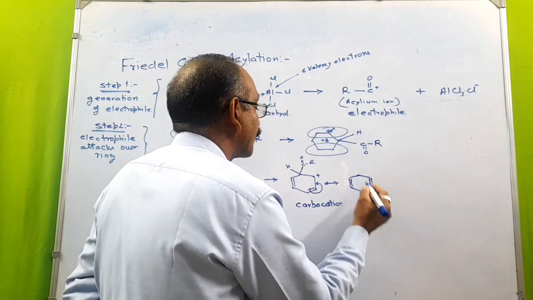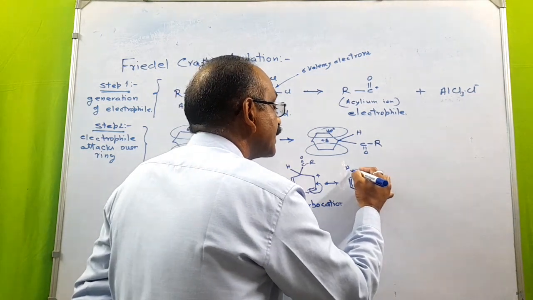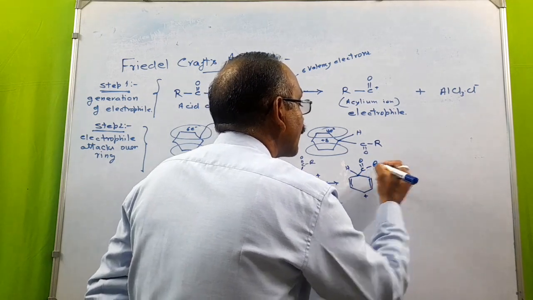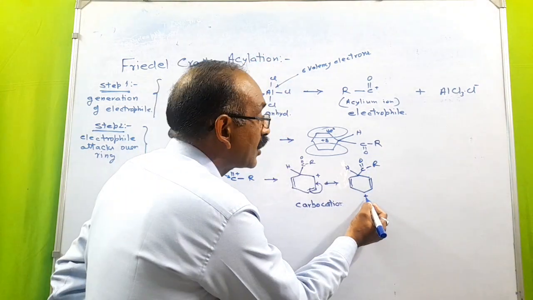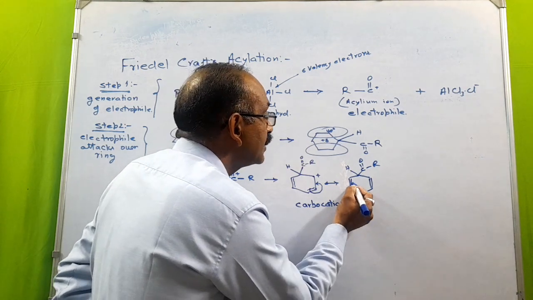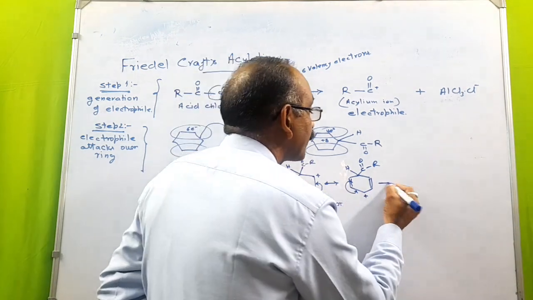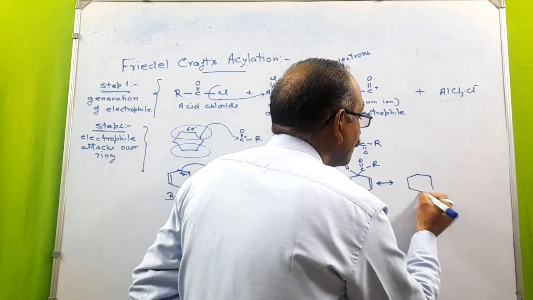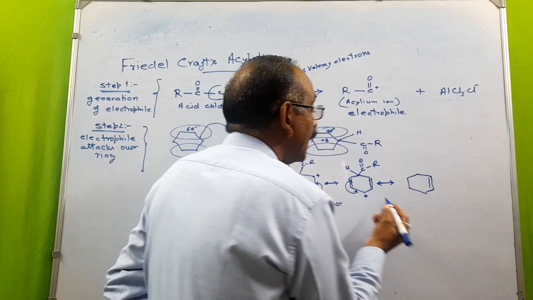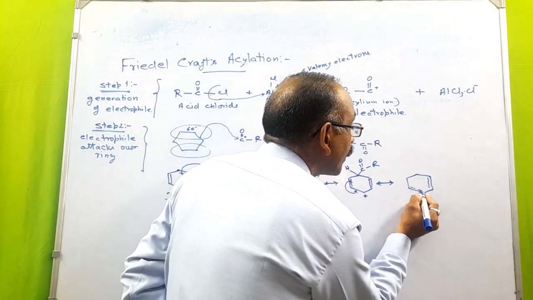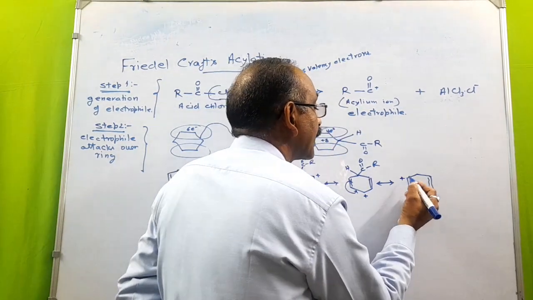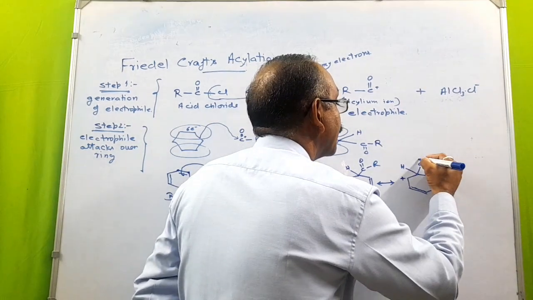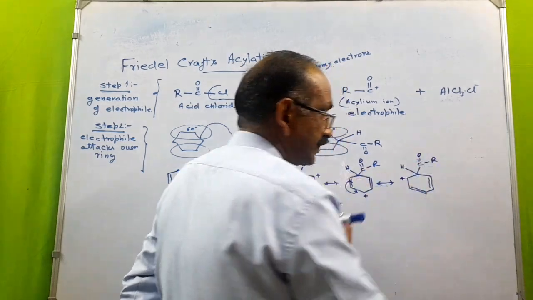This carbon will become electron deficient. Now, to compensate the positive charge or deficiency of this carbon, these electrons shift here, and we get one more resonating structure. As these two electrons shift here, a double bond will form. This carbon will become electron deficient, and here there is a hydrogen, and at this place there is the electrophile.